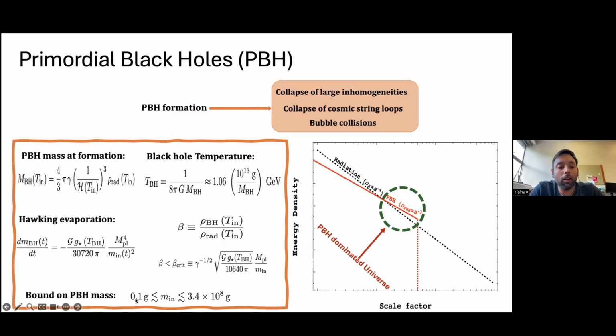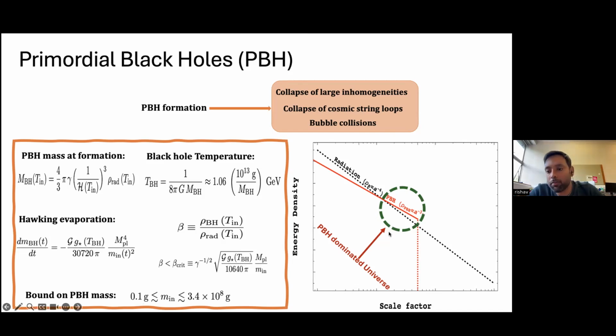On the other hand, we get a lower bound of 0.1 gram from CMB. This is because what we consider is that the Hubble expansion rate at the time of PBH formation should not be larger than the expansion at the time of inflation. So this actually gives you a lower bound on the mass of PBH, which is around 0.1 gram.